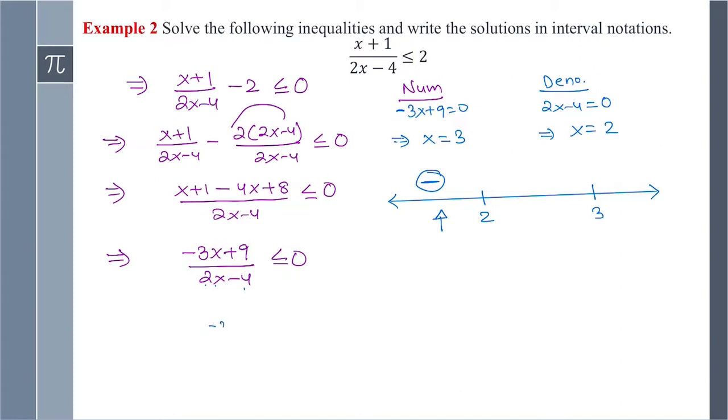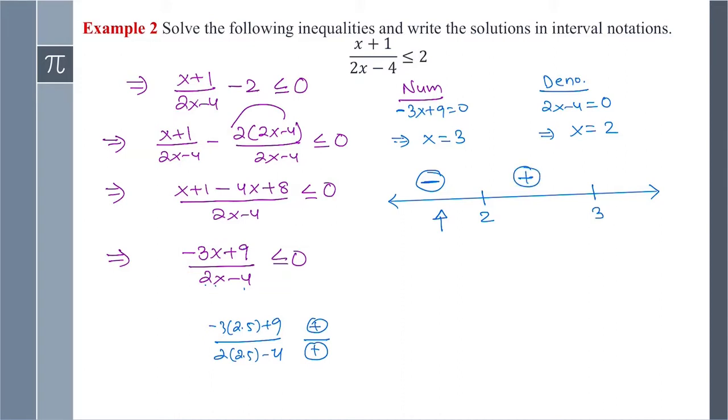If we put it in, we get negative 3 times 2.5 plus 9 over 2 times 2.5 minus 4. This gives a positive number in the numerator and a positive number in the denominator. So both are positive, which means this is a positive number here.